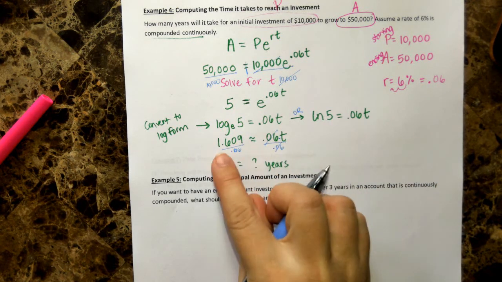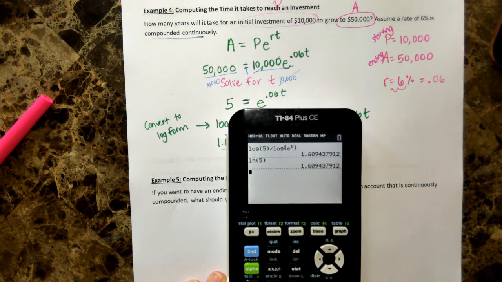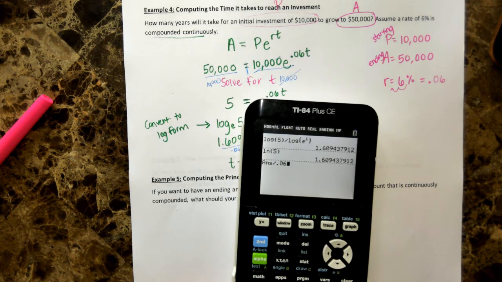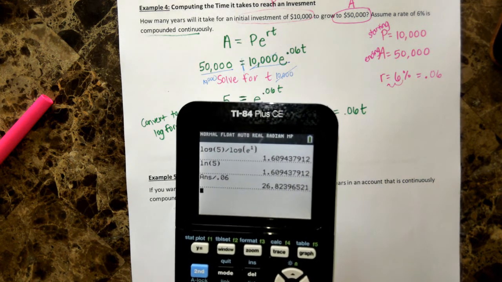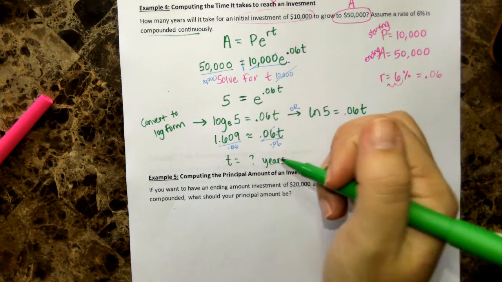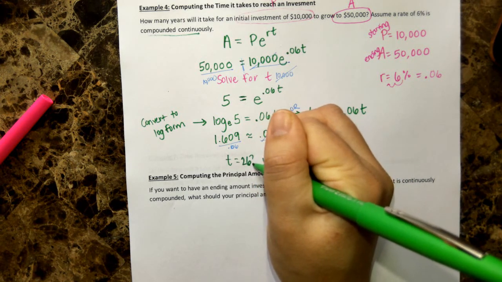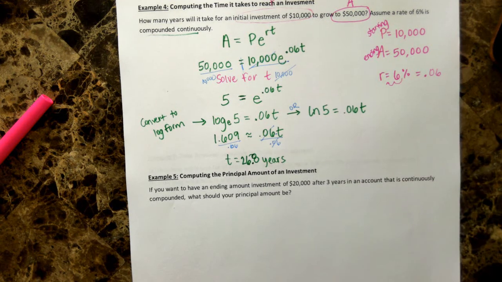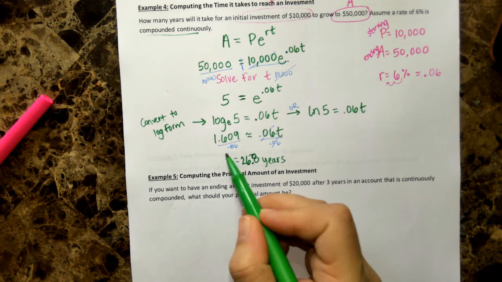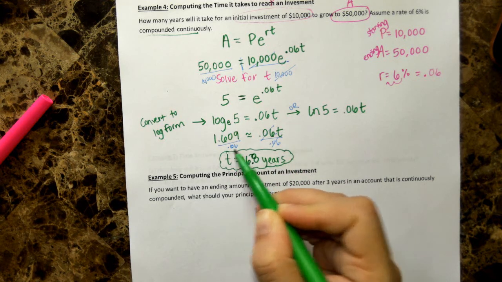And t is equal to 1.609, I'll just leave it typed in, divided by 0.06, and this is what I got, 26.8239. So I'm going to go ahead and write about 26.8 is our answer.